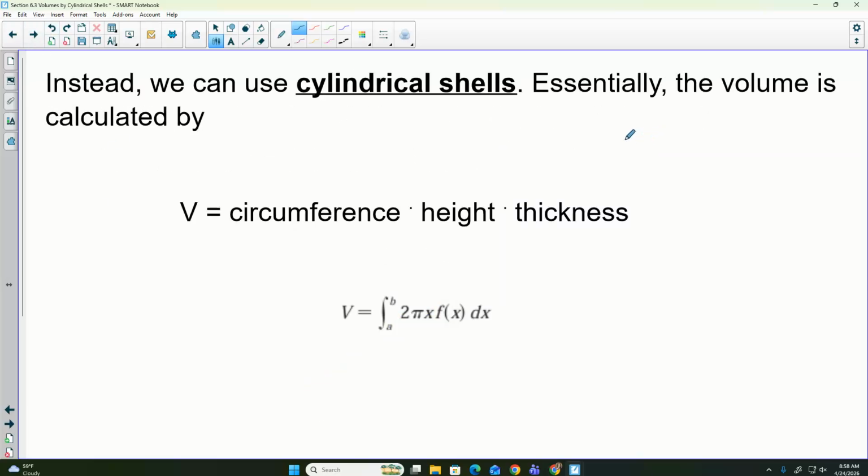Essentially, to do this volume, we're looking at a shell. So volume is circumference, distance around the circle, times the height times the thickness. Right? Think, area of a circle we know is pi r squared.